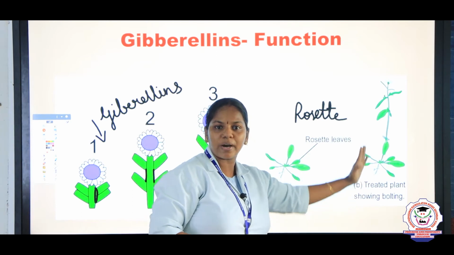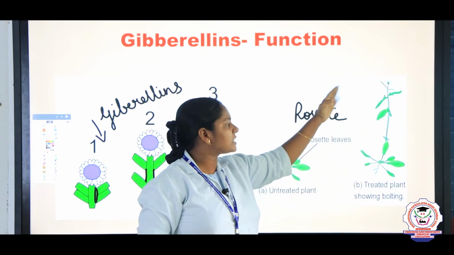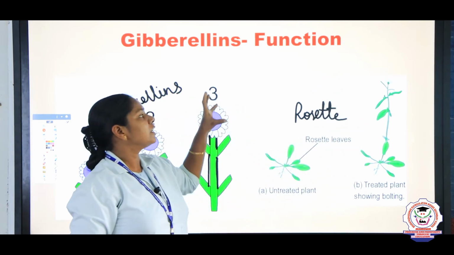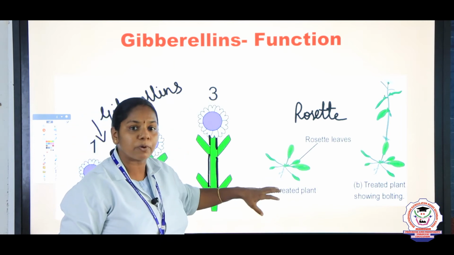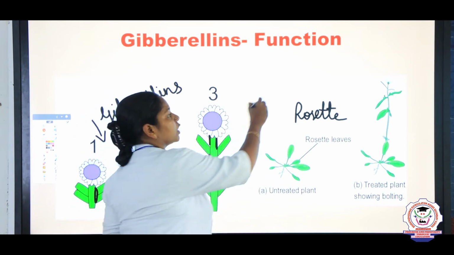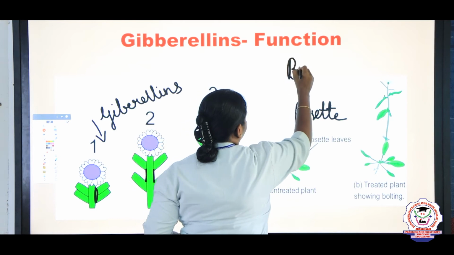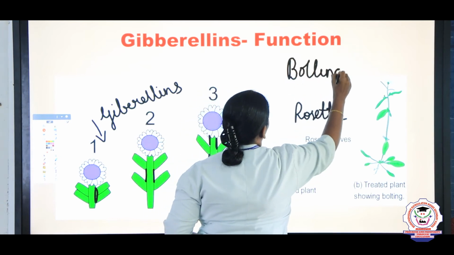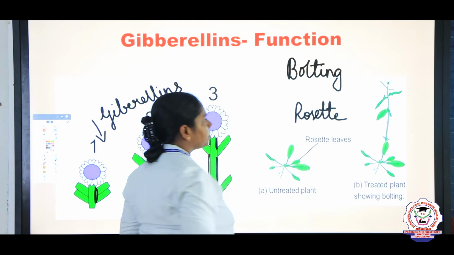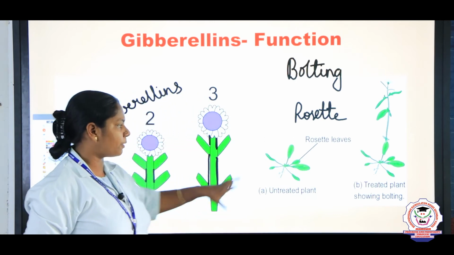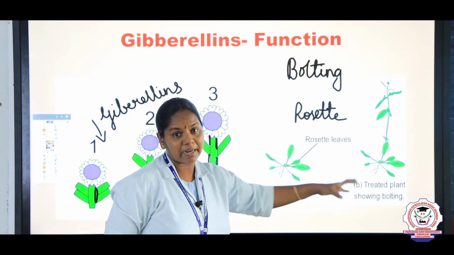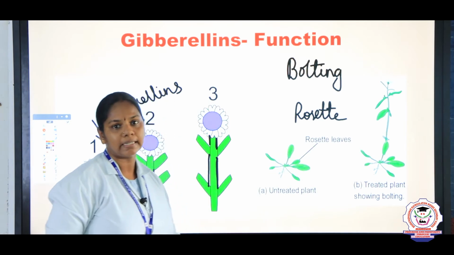The plant grows to a height, right? So this internodal elongation is due to this gibberellin, and this process in rosette plants we call bolting. So, an important 2 mark question, children, bolting. Just underline it, bolting. So before treatment and after treatment, this is the condition of the rosette leaves.